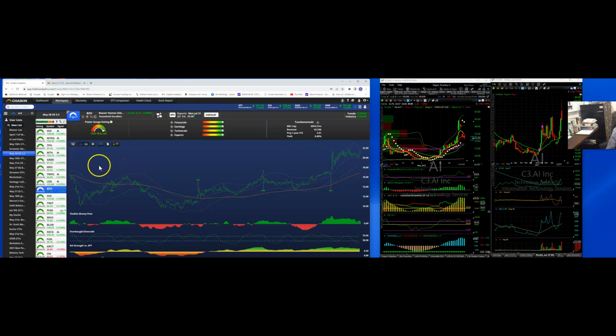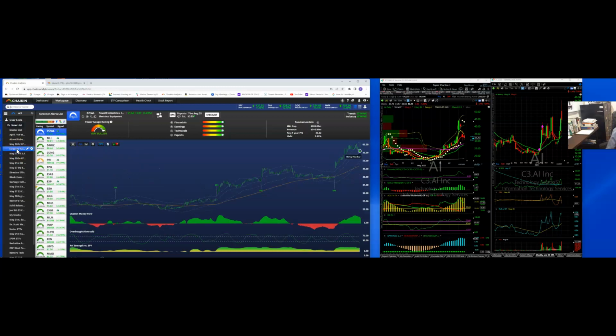Let me see if there was something else I wanted to do. Here's my screen alert screen for last week. There were quite a few stocks. I'll rate them by ratings, and you could see that the very bullish ones are on the top here. These are all stocks that the screener identified, which means they're bullish or very bullish.